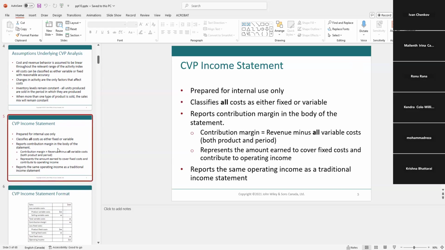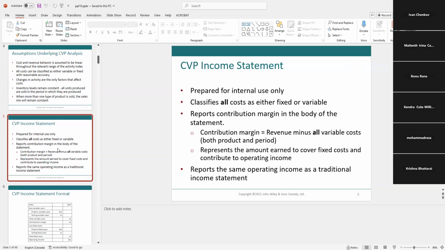So why do we need this? How to do this? First, in cost volume profit analysis, the income statement is the starting point. That's prepared only and only internally. And again, we're classifying the costs only into 2, fixed or variable, nothing more.